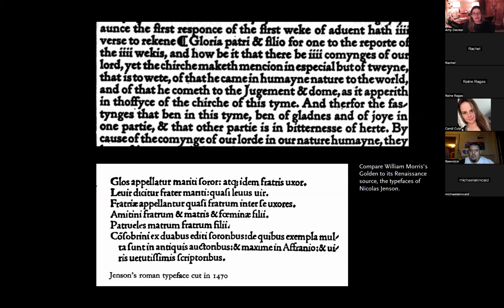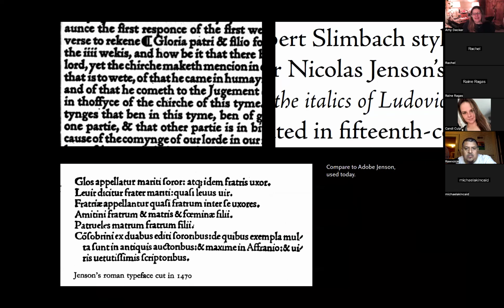So he designed Golden based on Nicolas Jenson. He took a lot of inspiration from Jenson, some might say copied, and moved into his typeface of Golden. And then there is Nicolas Jenson's typeface used today. So you can see the similarities and get a feel for it.